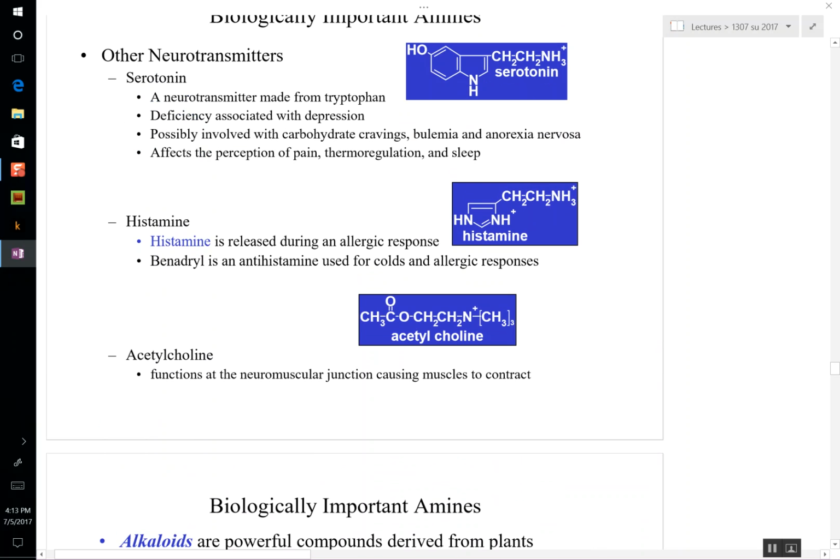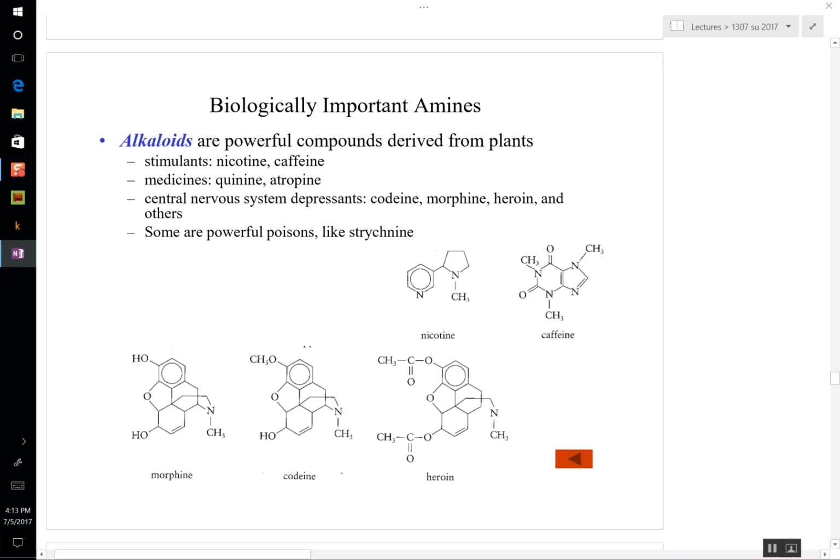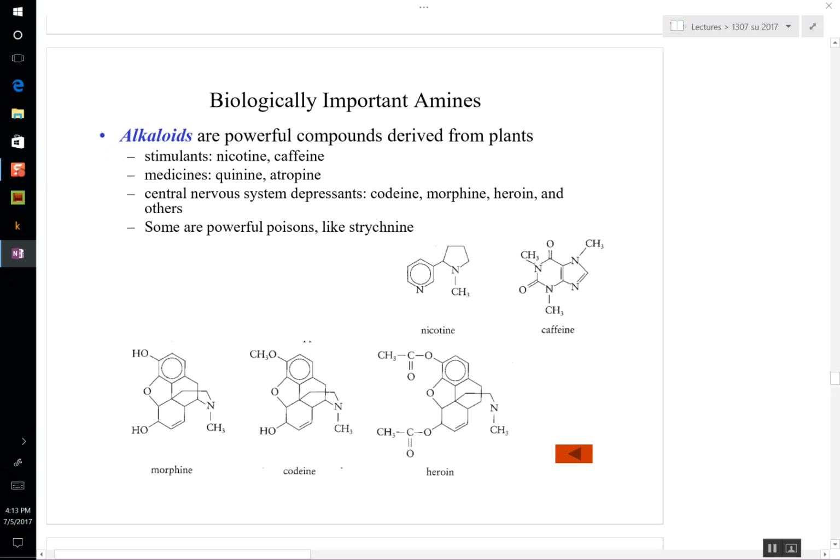All right, here's your quaternary ammonium, your quat salt here, acetylcholine, we mentioned that. There are lots of slides just to convince you that nitrogen-containing compounds are biologically active. They're very important biologically.